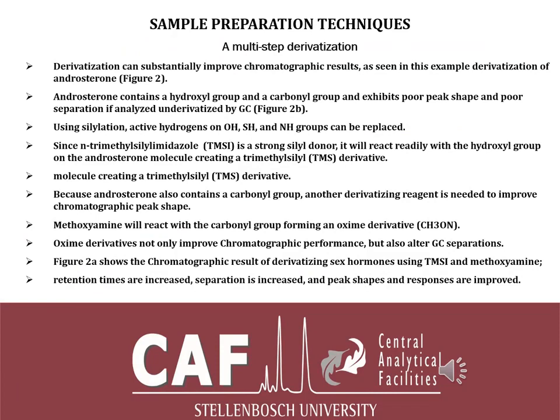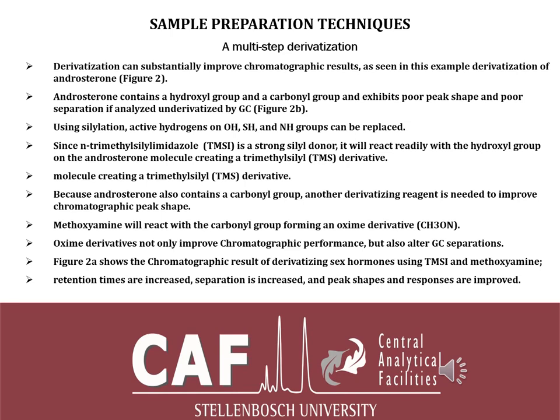This slide explains slides 14 and 15 in more detail, which is a multi-step derivatization. Derivatization can substantially improve the chromatographic results, as seen in this example of derivatization of androstenedione in that figure I showed you earlier.